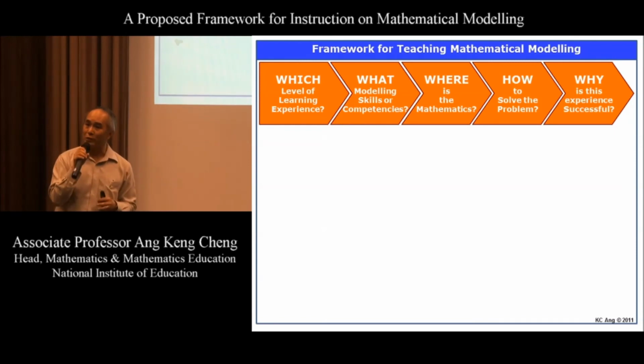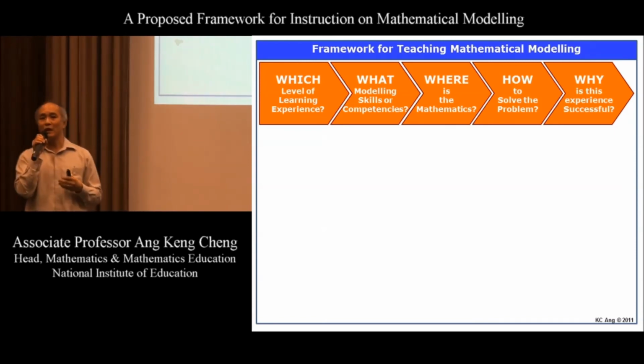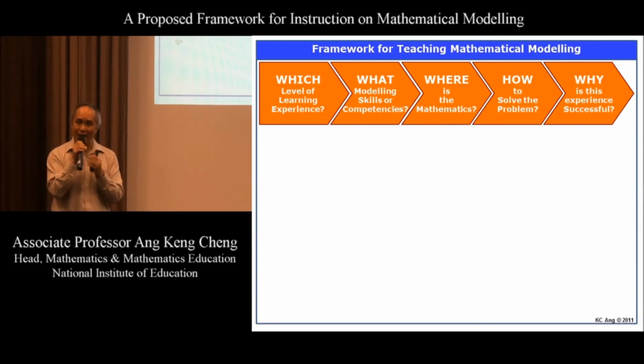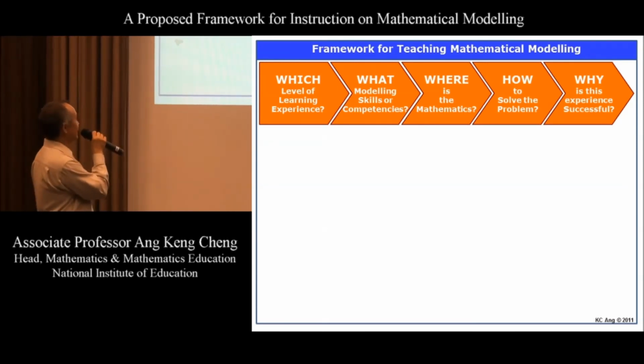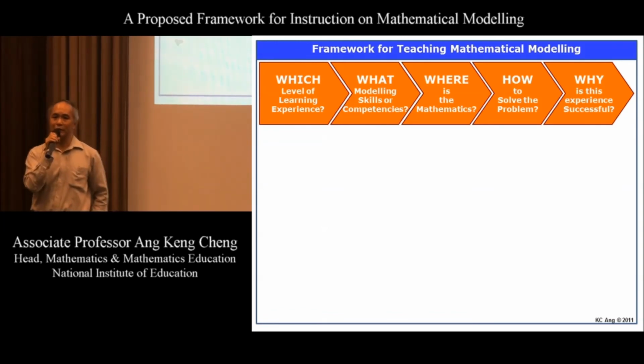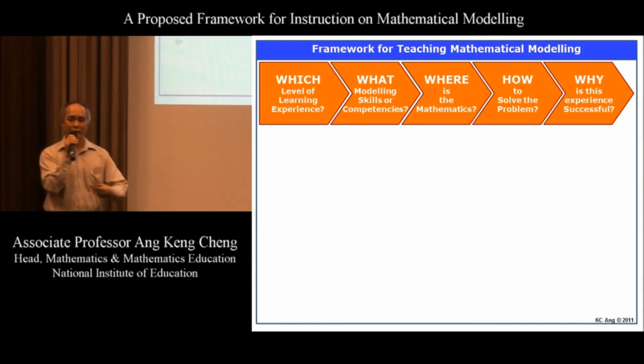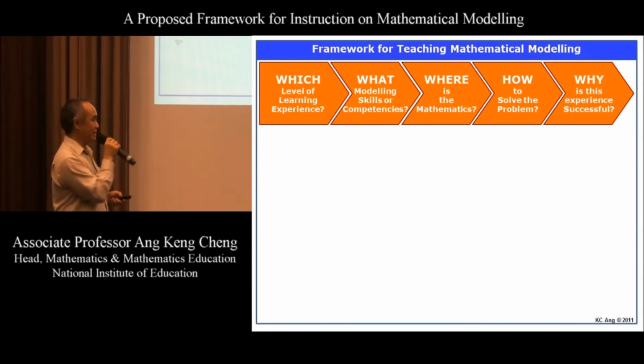But I think it's also important for teachers to at least have the chance to get their hands dirty and work through the tasks themselves. Okay, and finally, why is this experience successful? I think it is important to be able to evaluate the activity.